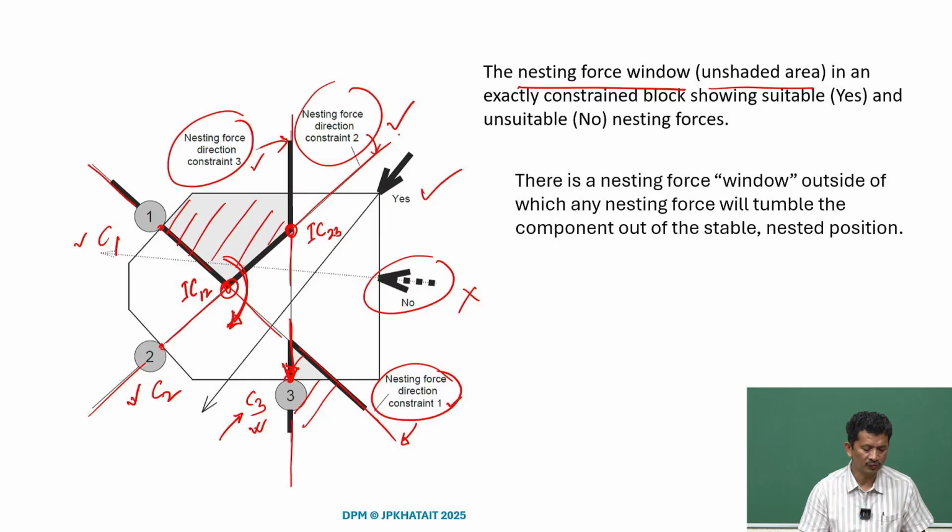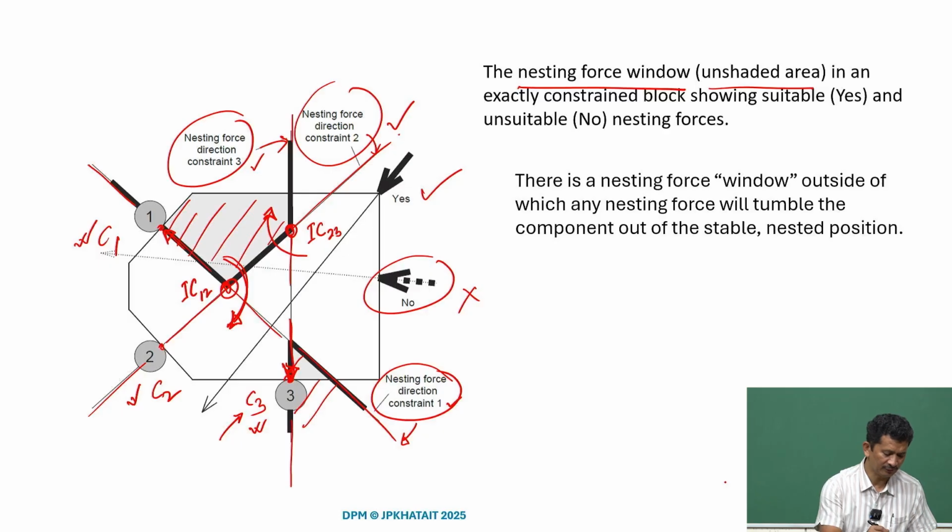But if you want to make contact with C1, it should push against post 1. So, the nature of the moment acting at IC23 should be in this direction, which is again clockwise at IC23.